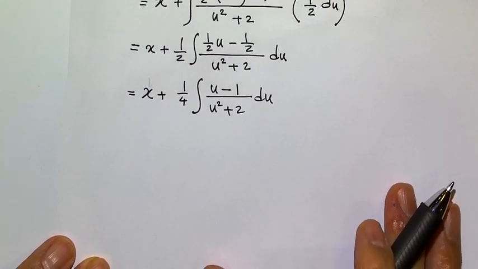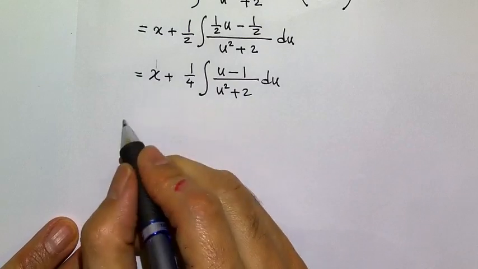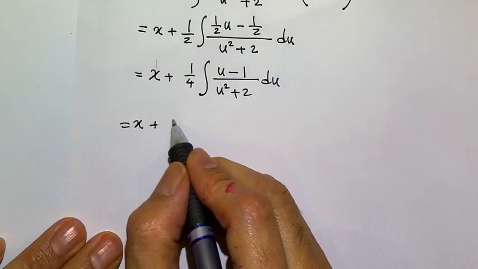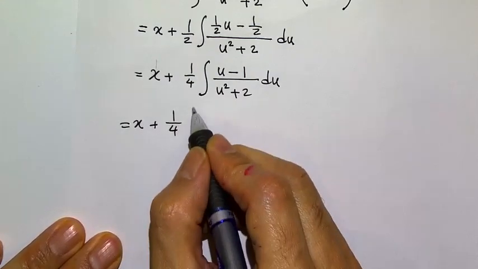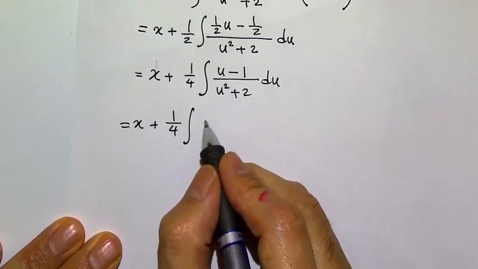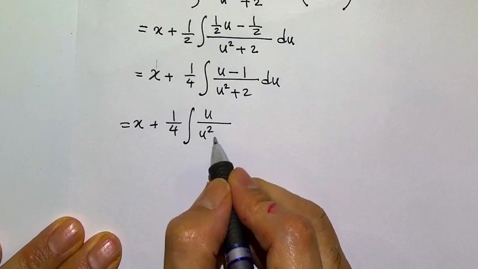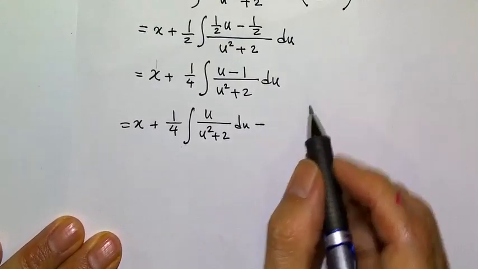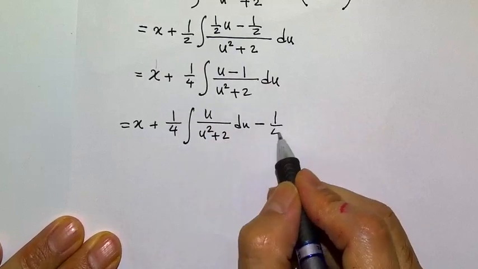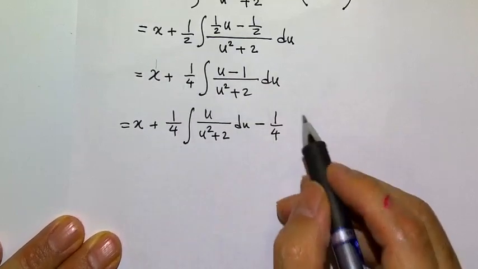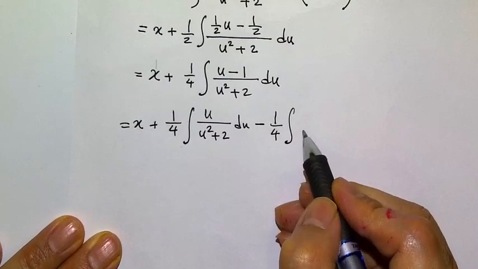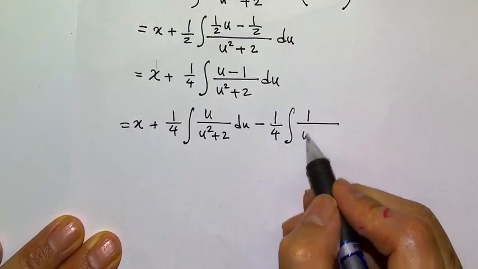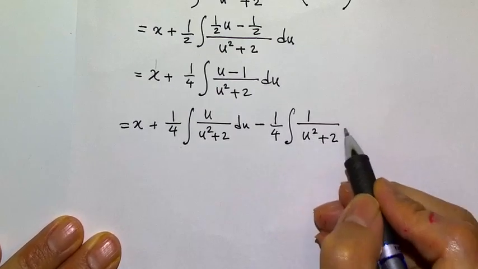So we have x plus 1/4 times u over u squared plus 2 du minus 1/4 again, because that belongs to the entire integral, minus 1/4 times 1 over u squared plus 2 du.